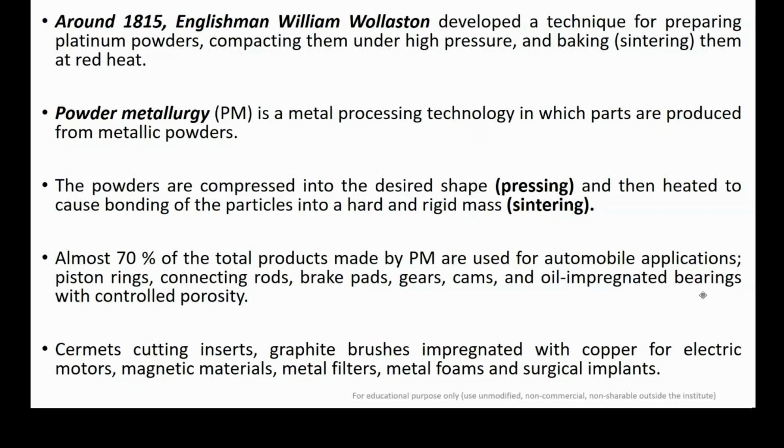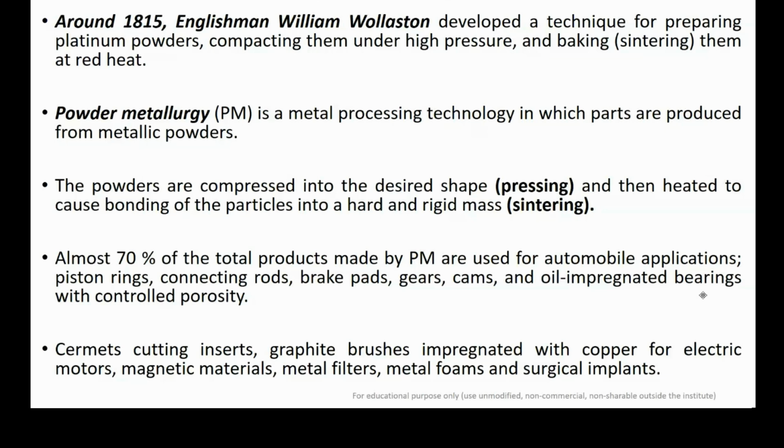It is very similar to the filters fitted in your home, just like an RO filter. If you have seen the pre-filters fitted in the RO, you might have seen the repairing of these ROs at some time in your home. It is also used to make metal foams and surgical implants.